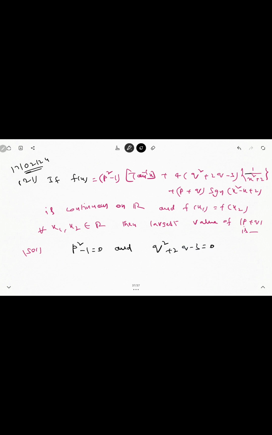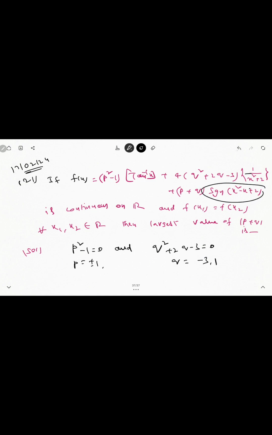Is it right or not? At the same time. Okay? Therefore, p square minus 1 equal to 0. So 0 into something, no problem, 0 only it is. Is it right? So at this moment, p is equal to plus or minus 1. If we solve this, q is equal to minus 3 comma 1.